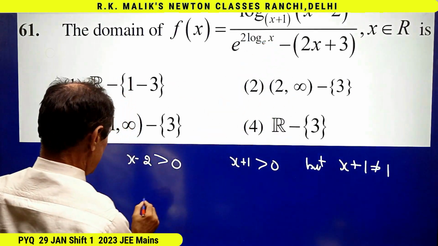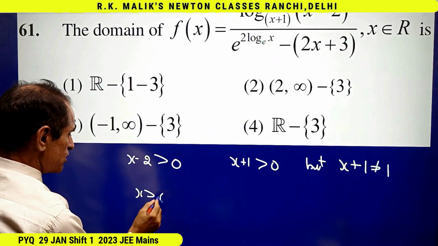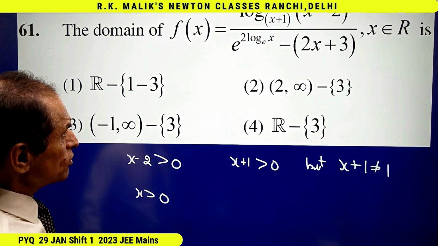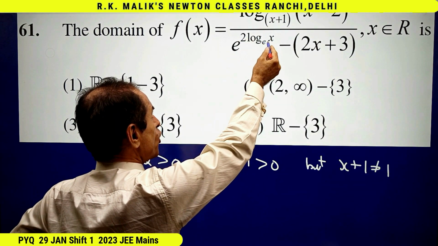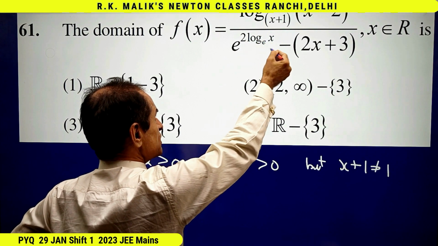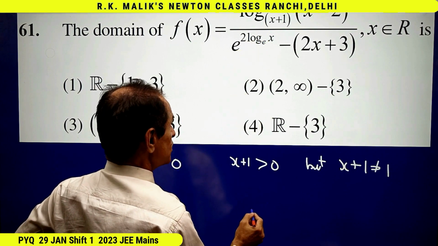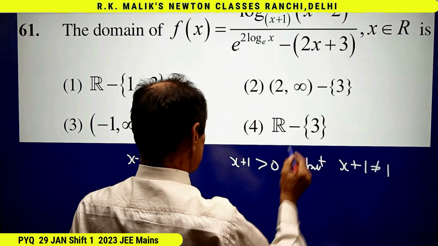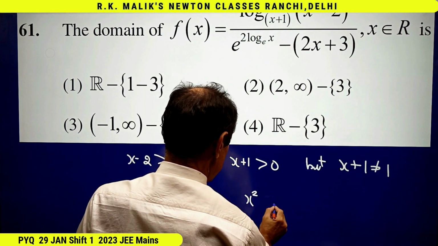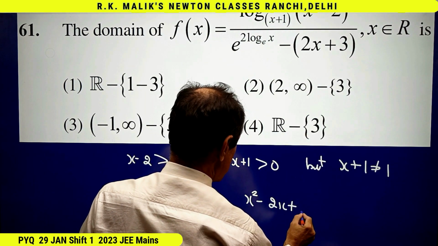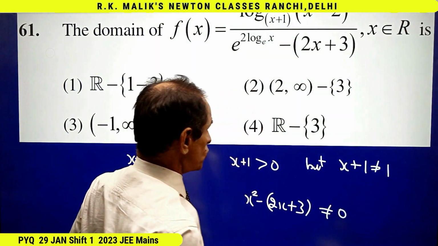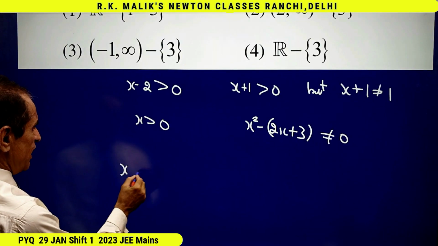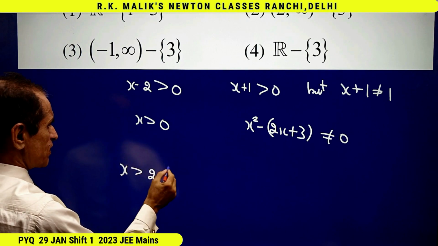And from here, x should be greater than 0, because this can be written as e to the power log of x square, that is, it will become x square. Therefore, the whole denominator should be non-zero.